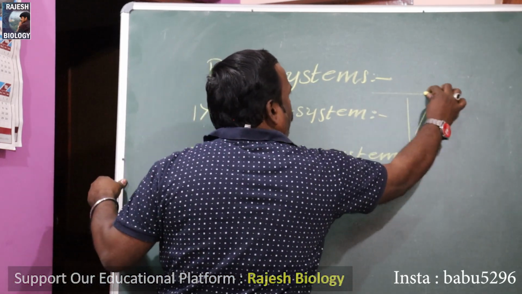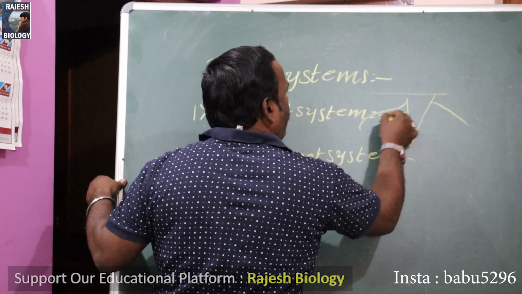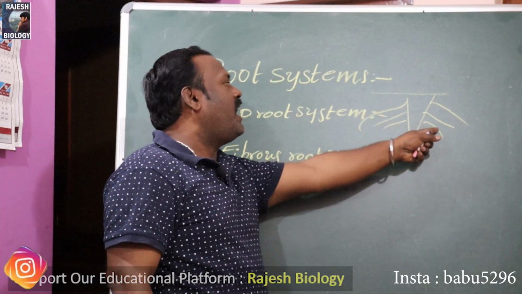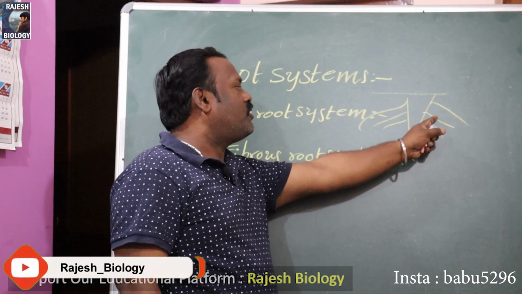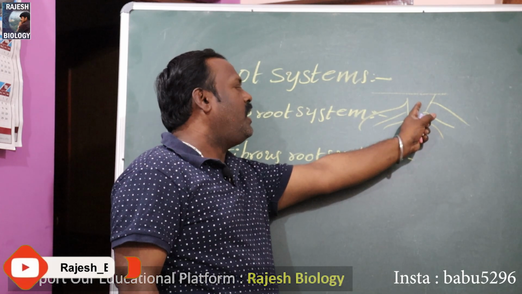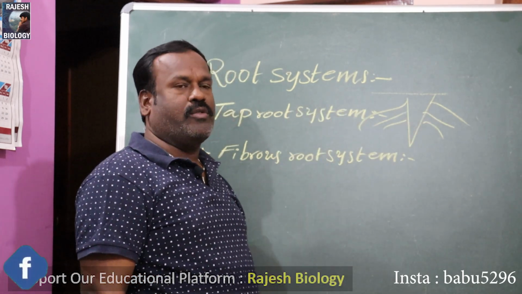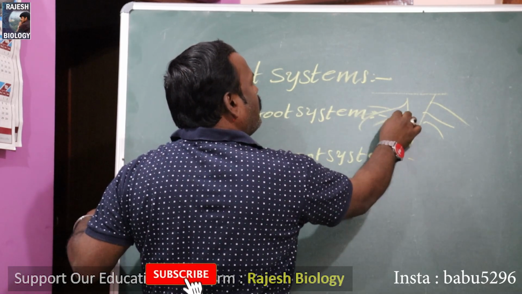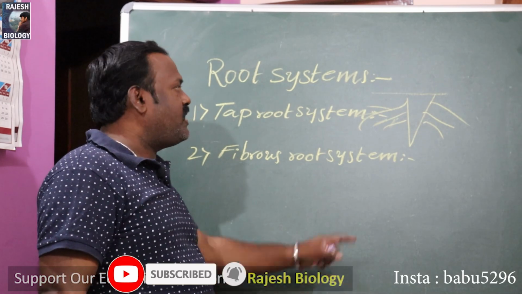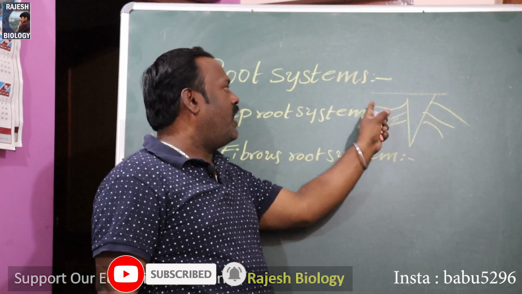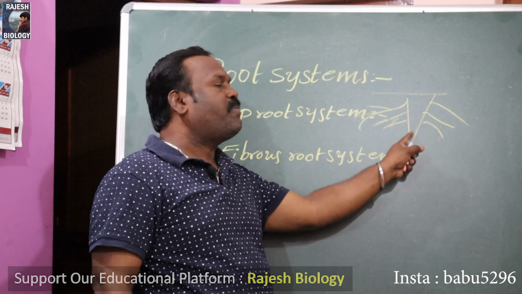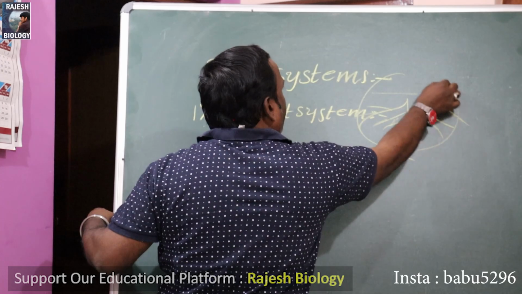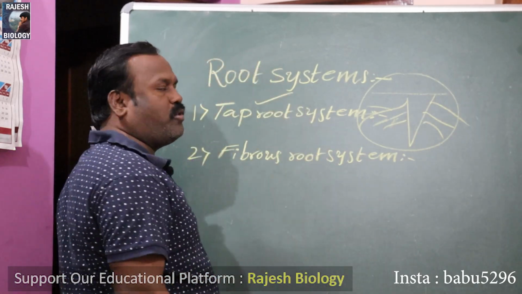On that primary root, lateral roots, meaning side roots, also originate, and tertiary roots also originate from the secondary roots. Including all these parts, the total is called the tap root system.